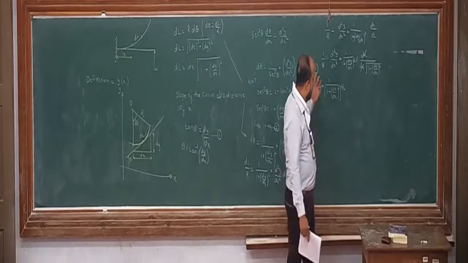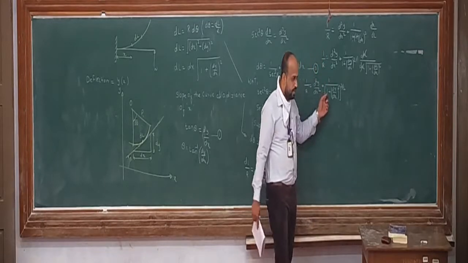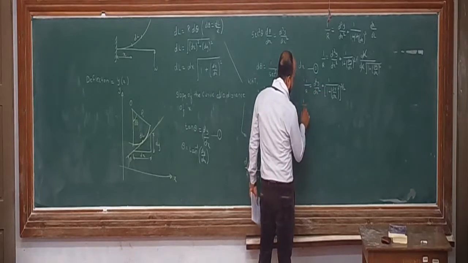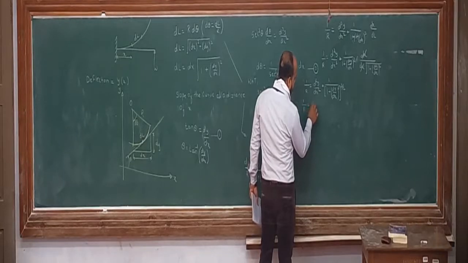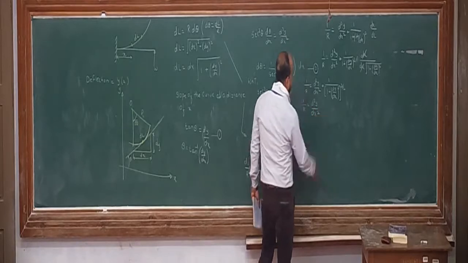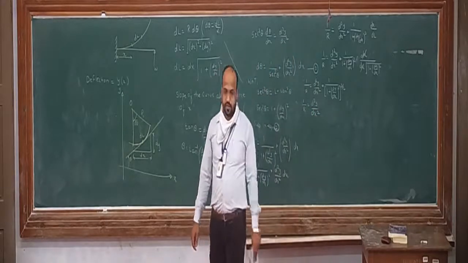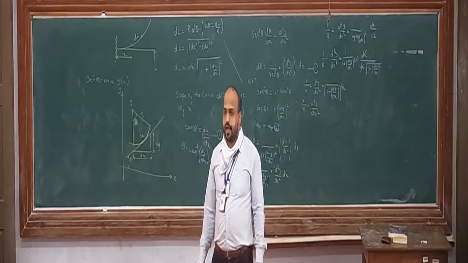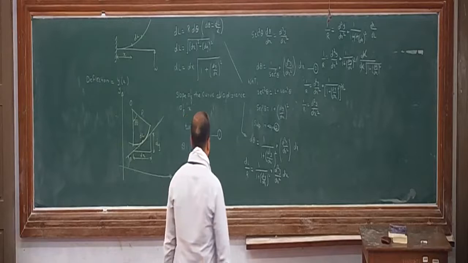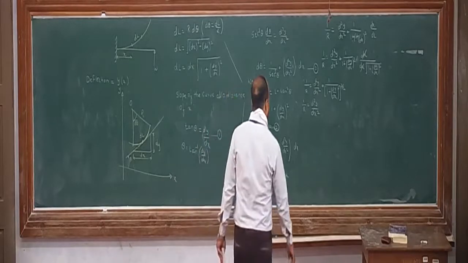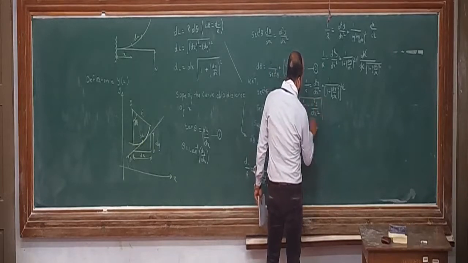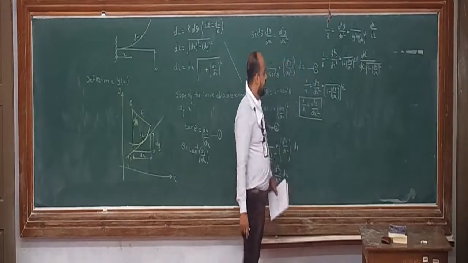Therefore the above equation can be modified as 1 by r is equal to d square y divided by dx square. This is one part, that is the radius of curvature and d square y by dx square.